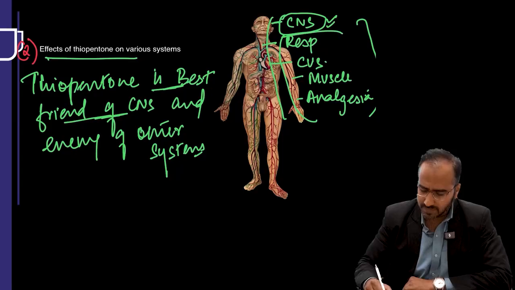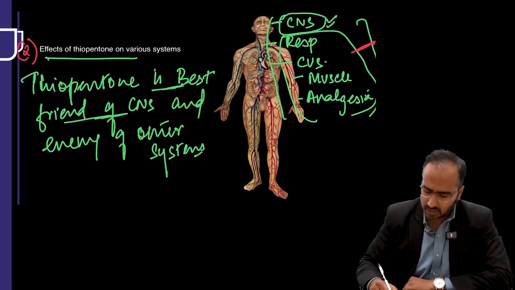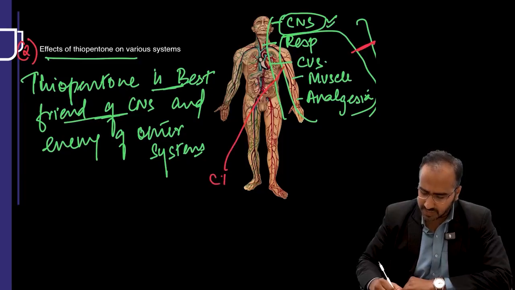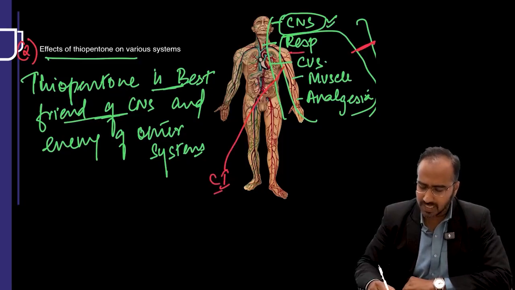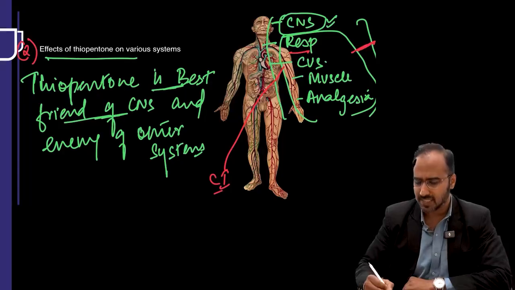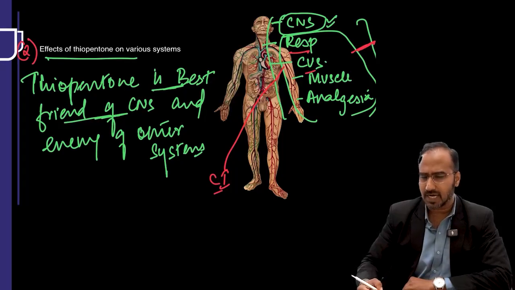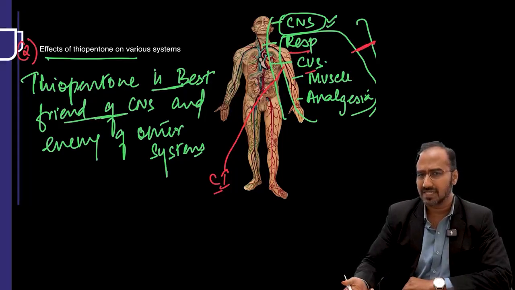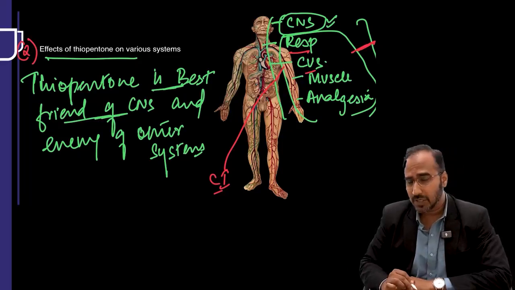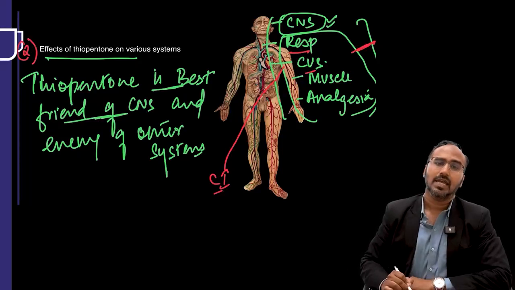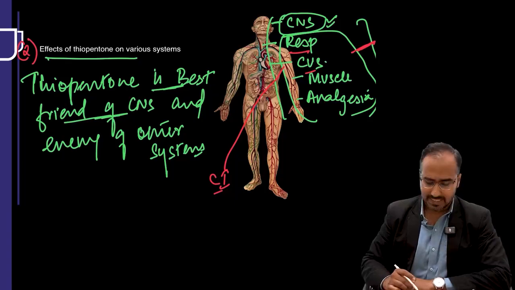Sodium thiopentone will have contraindications for the diseases of these systems. Contraindicated in respiratory disease such as asthma, contraindicated in ischemic heart disease, not good for muscle, not an analgesic. Okay? So in one line, thiopentone is the best friend of CNS, enemy of all other systems.